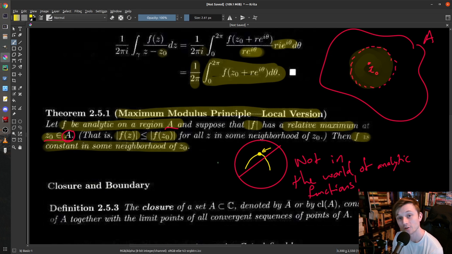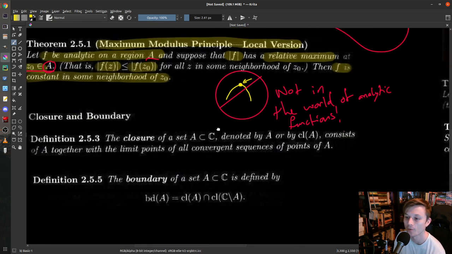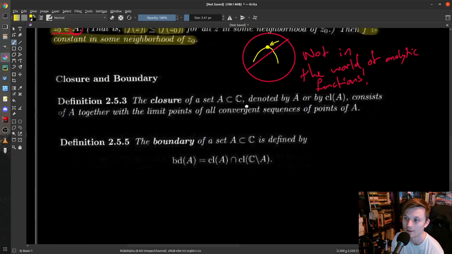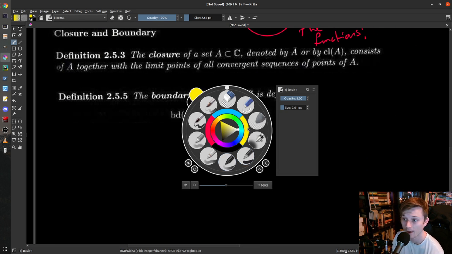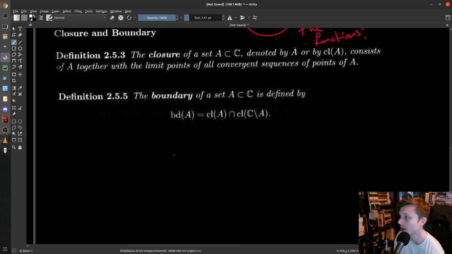You can imagine as well that there's a global version, and it would basically be the same sort of thing. So to talk about this a little more precisely, we'll need to talk briefly, at least, about closures and boundaries. Intuitively, think about it like this.